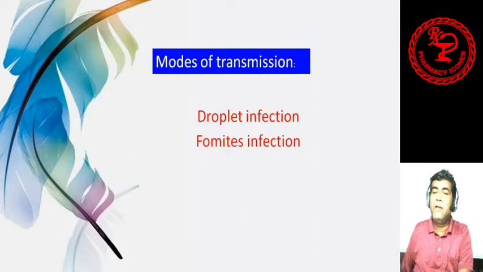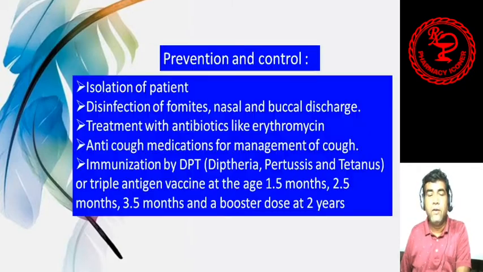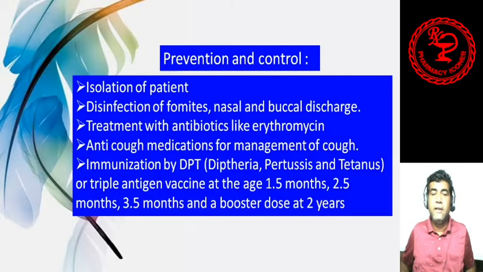The mode of infection is droplet infection, which I have discussed already, and fomite infection. This is the mode of transmission. Isolation of the patient, prevention and control: isolation of the patient, disinfection of fomites, nasal and bronchial discharge, treatment with antibiotics like erythromycin, and anti-cough medication for management of cough. Nowadays some inhalers may also be given to reduce the effect of cough.